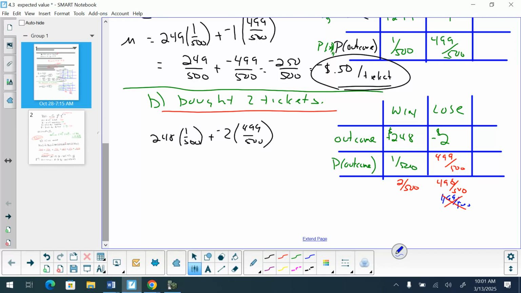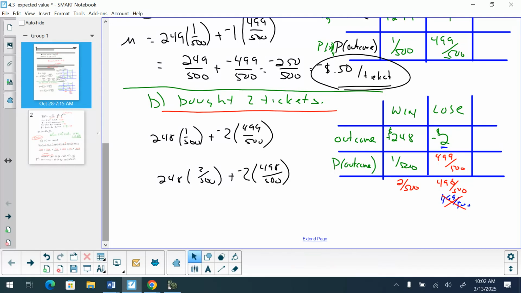Where the 2 comes in that you're trying to throw in down here comes right here. This is where the 2 that you're trying to throw in down here comes into fact. But if you do the 248 and 2 out of 500 plus a negative 2 out of 498 out of 500, I would accept that also.